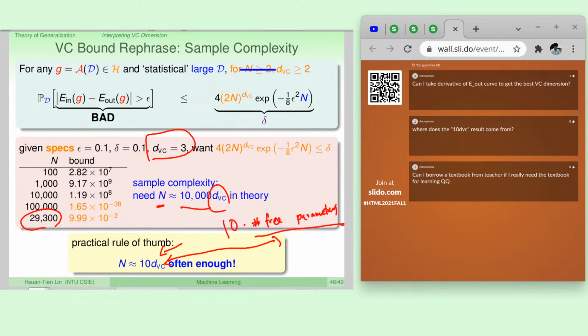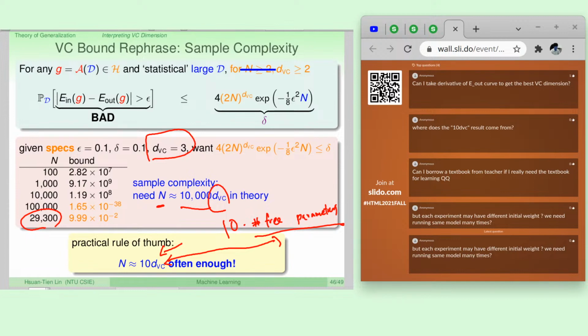Another thing about Eout being not analytical is that Eout is typically unknown. When you have an unknown curve, not only can you not take the derivative, but it's very hard to know where the lowest point really is. That's the challenge that we will need to face a little bit later.